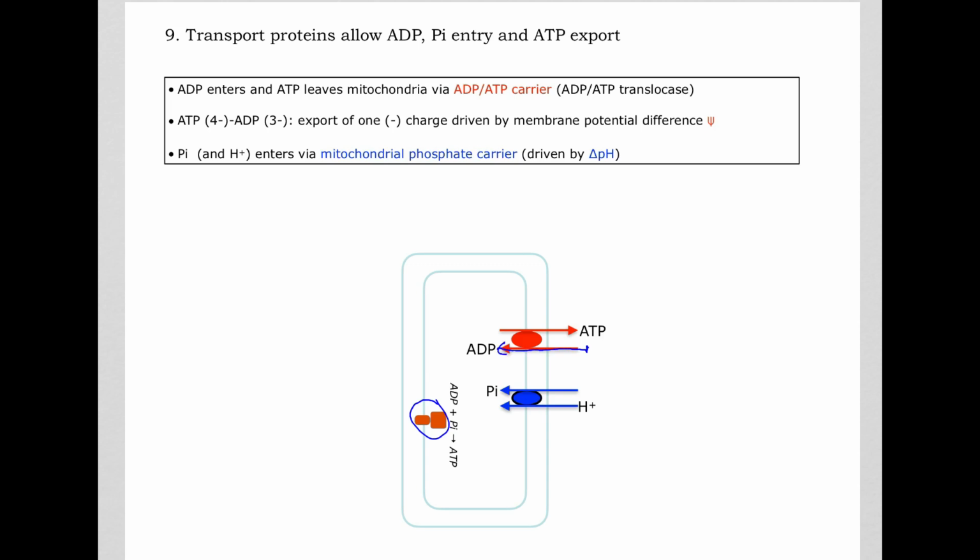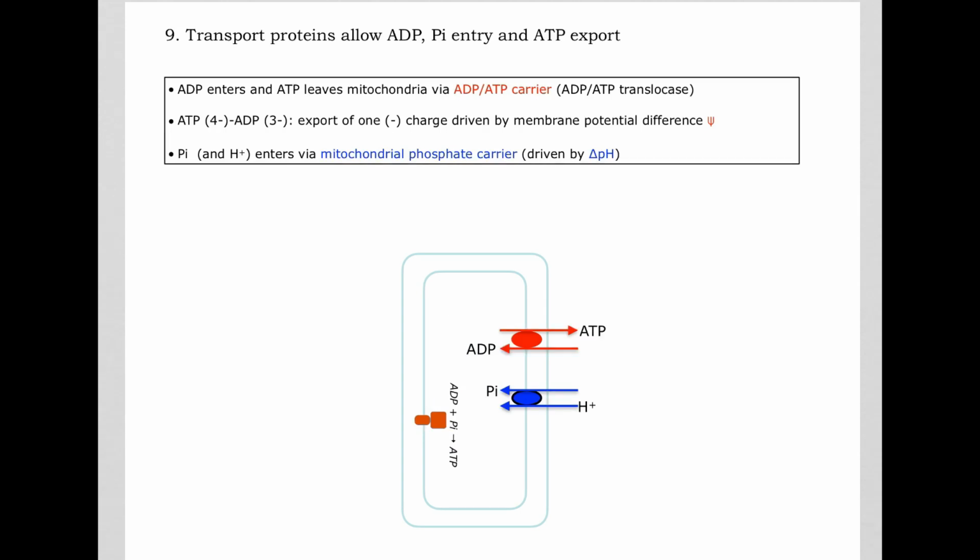ADP enters the mitochondrial matrix by a protein called the ADP-ATP carrier. Pi, inorganic phosphate, enters the matrix by a mitochondrial phosphate carrier. Once ATP is formed, some ATP will be used by the mitochondria, and the rest will be sent out by the same ADP-ATP carrier.